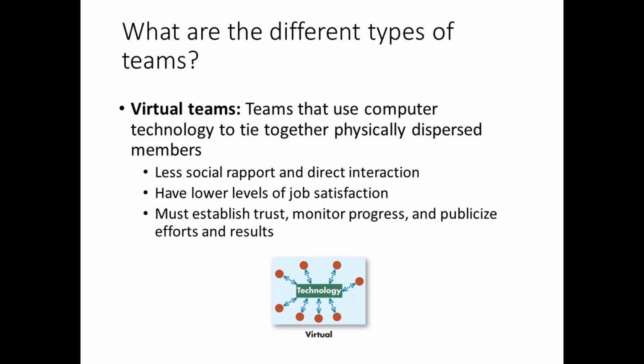In order for these teams to be effective, we should ensure that trust is established among team members. One thing that could be done is to bring the team members together at the beginning of their time together to give them a chance to meet one another and get to know the person behind the computer screen. We should monitor team progress closely so that the team doesn't lose sight of its goals and to help mitigate conflict.